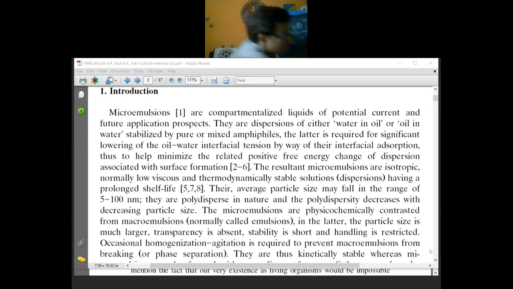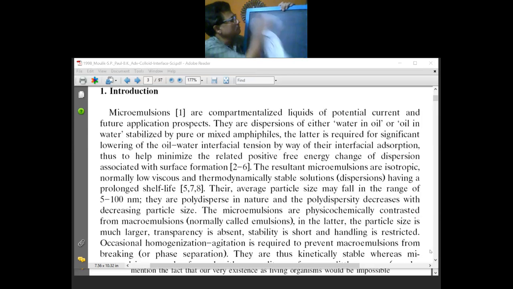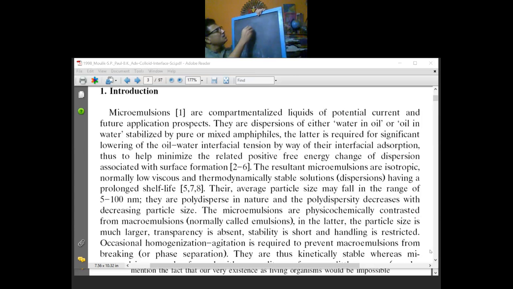So I would say, in the absence of surfactant, if I have a tiny amount of oil on water, and it is lighter than water, it will float on water. But if I have surfactant above the critical micelle concentration, say this is water, and they form micelles, what would be happening?